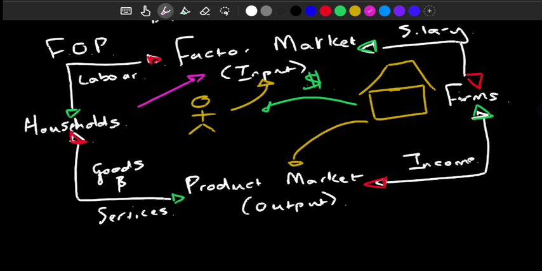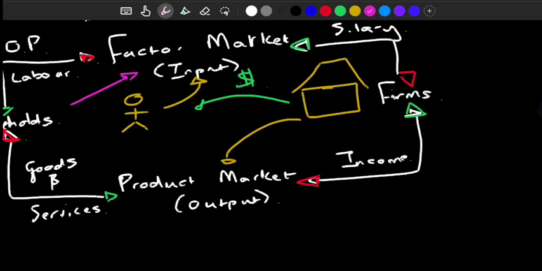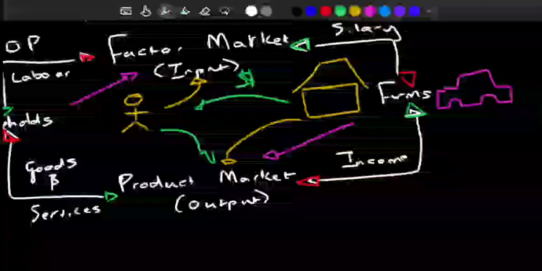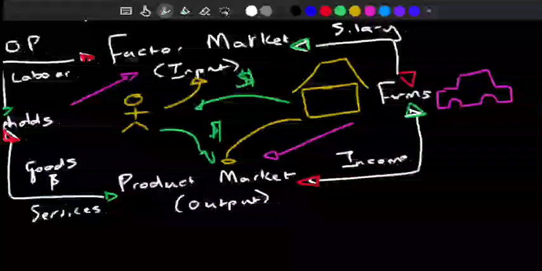Then the firm, after that car was made, pays me my money, then takes that car to the product market, and that is for me to then buy. So then I would take my money to the product market to buy.